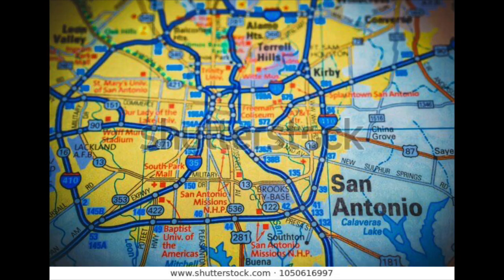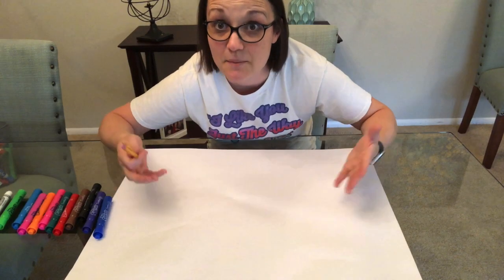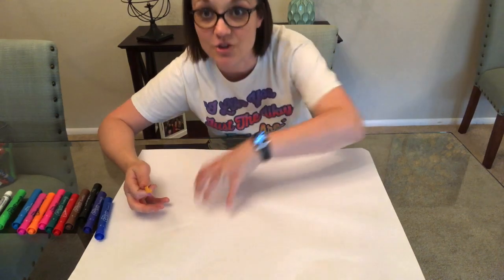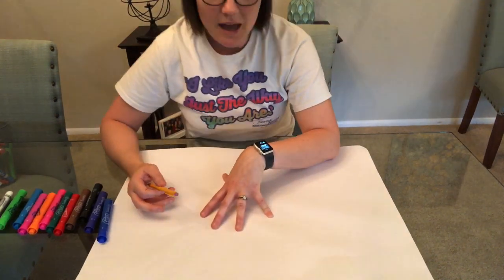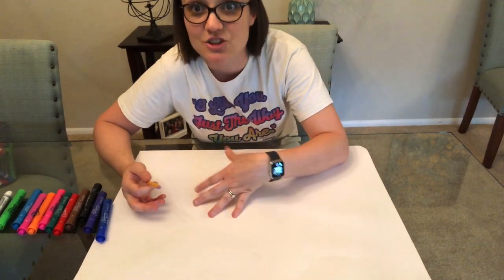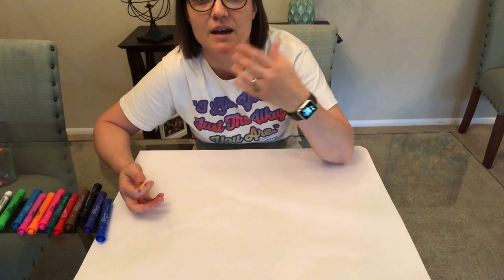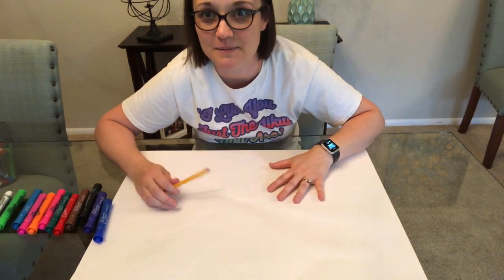There's even a map if you go to the zoo, or if you go to a museum or a theme park like Six Flags. You can look at a map that's going to show you where everything is. So that's what a map does. It just shows you where you can find different things, and you can use it to move around the place or find what you're looking for or learn more about a place.